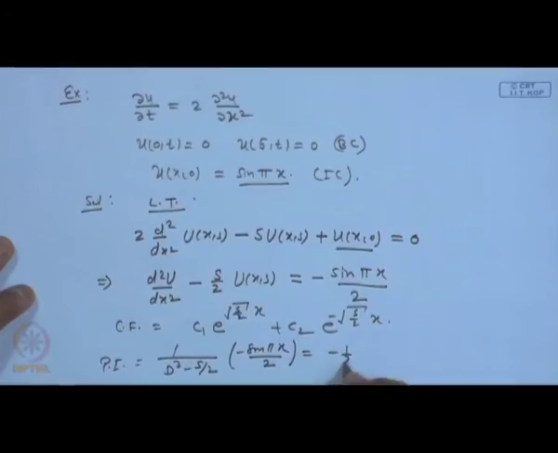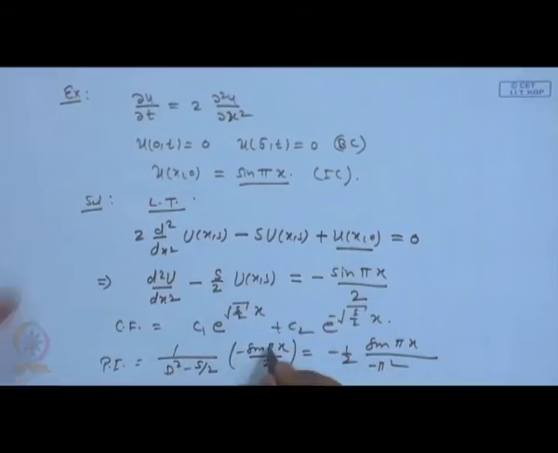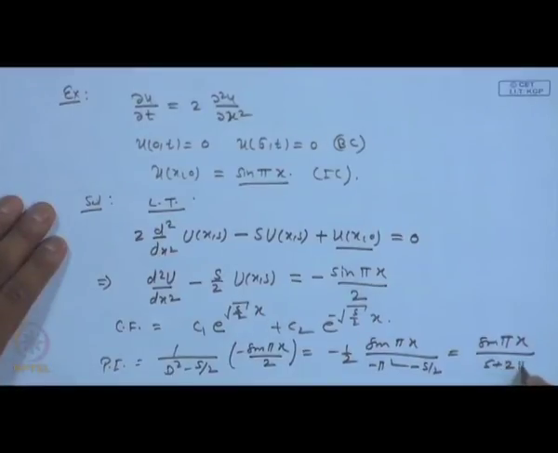So, we have minus half and this sin pi x, and here we have minus pi square, this d square will be replaced by minus pi square and minus s by 2. So, this is sin pi x over s plus 2 pi square.